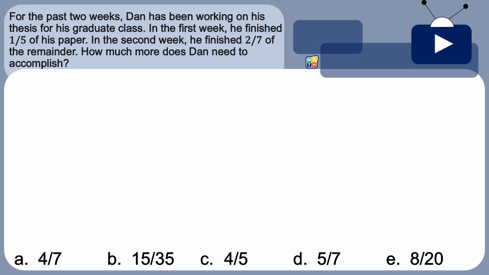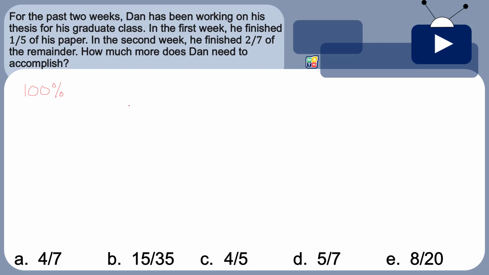So to answer this question, the concept here is on fractions and how we operate with fractions. Our situation here is Dan has to finish his paper, and of course that is 100%.